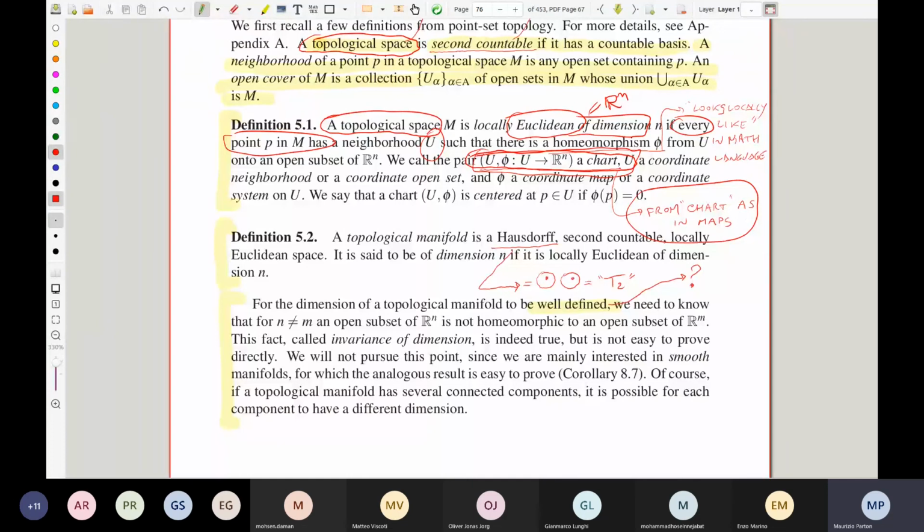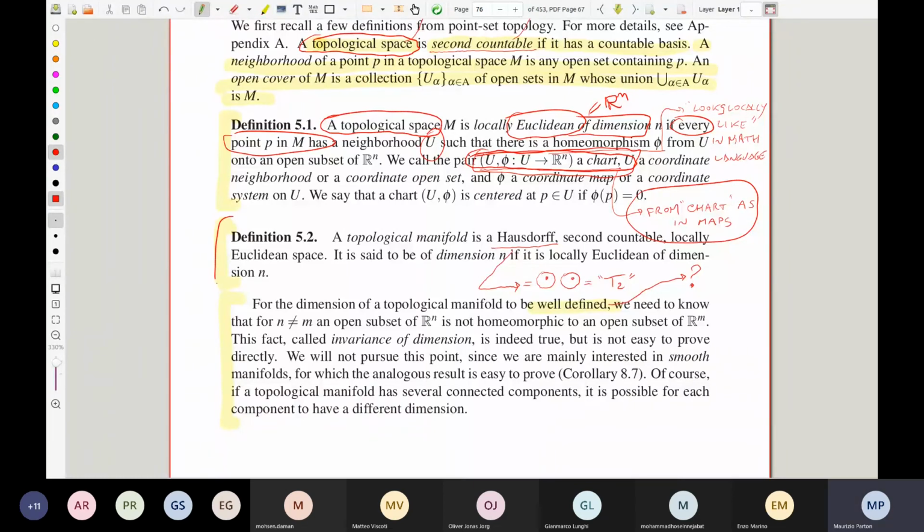In Rn, you have just one chart. I mean, you can find a big chart covering all of Rn. Try doing this on the sphere. You can't, because there is no way the sphere by itself is homeomorphic to Rn. Okay? This is exactly the problem.